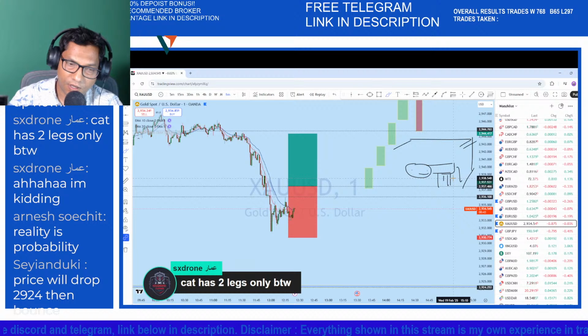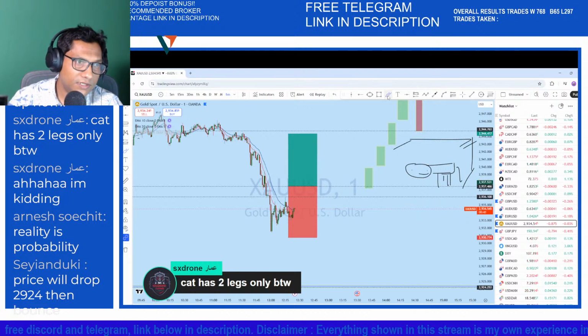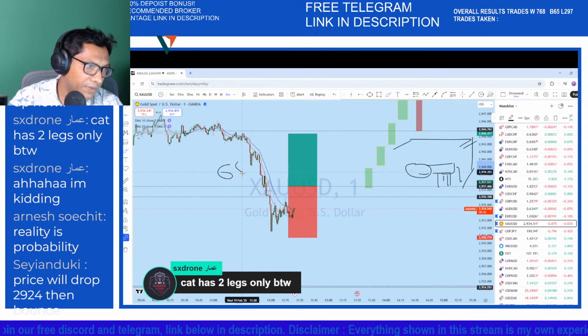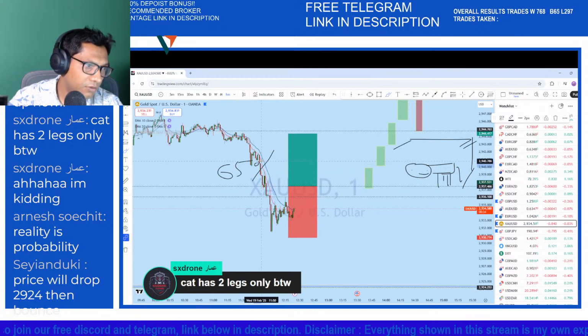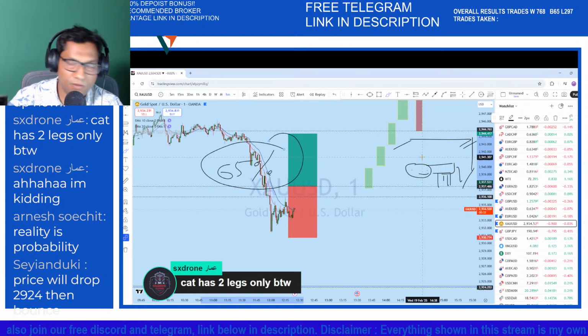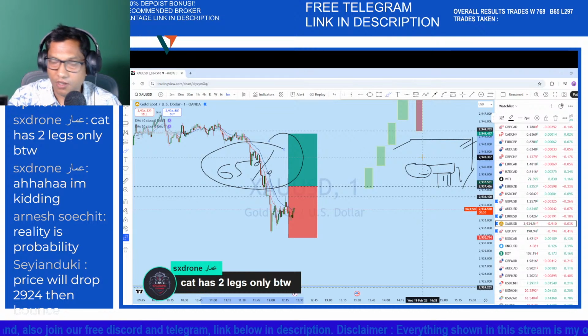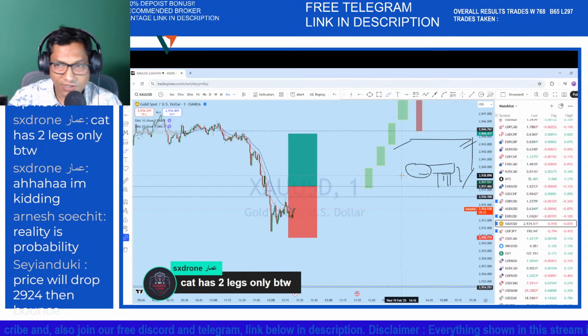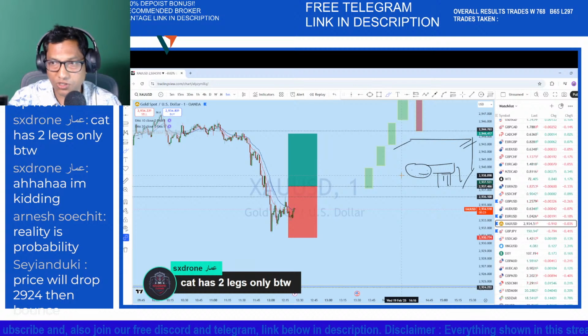Let's say you say that, okay, this trade is, for example, a 65% probability trade. What does that mean? It means that this trade is a winning trade and at the same time a losing trade.